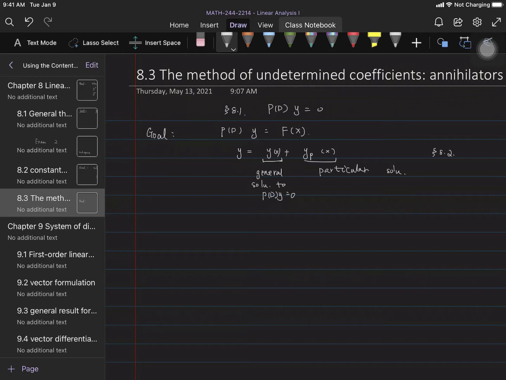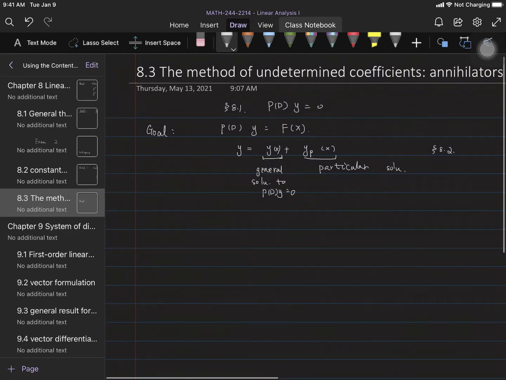We are going to introduce the method from the example. What's the idea for this kind of non-homogeneous differential equation? We have P(D)y = f.